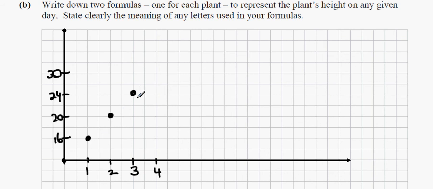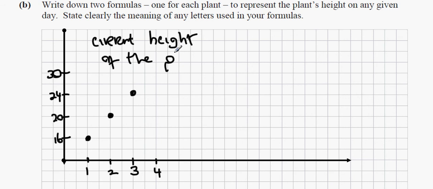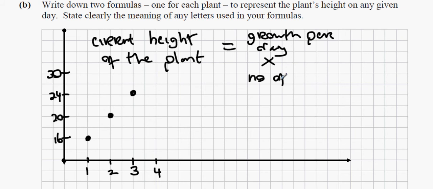So basically the current height of the plant is equal to growth per day multiplied by number of days plus original height.